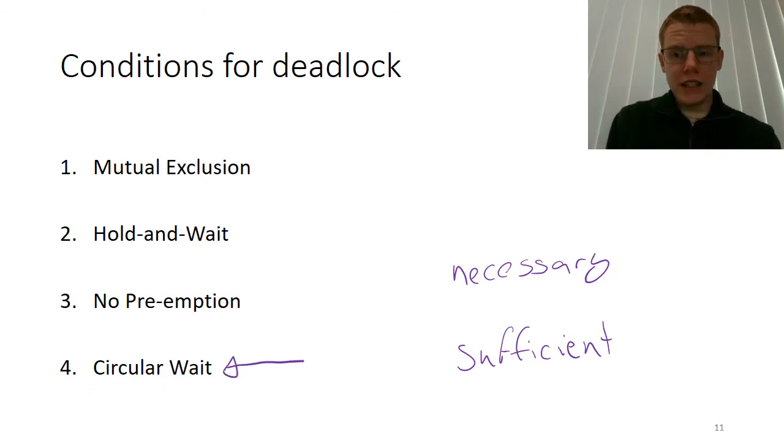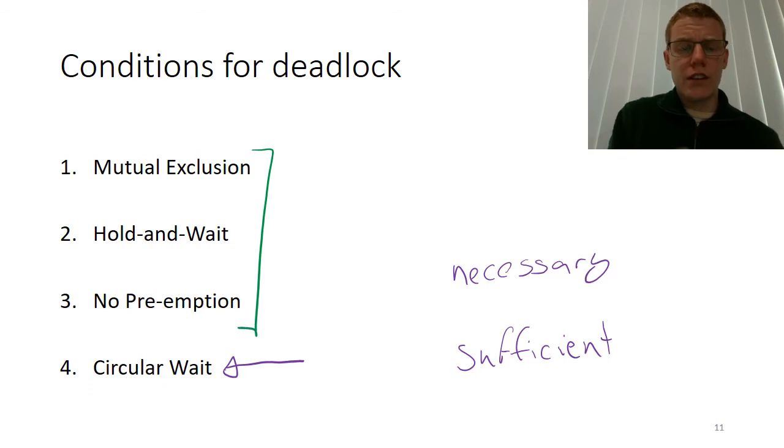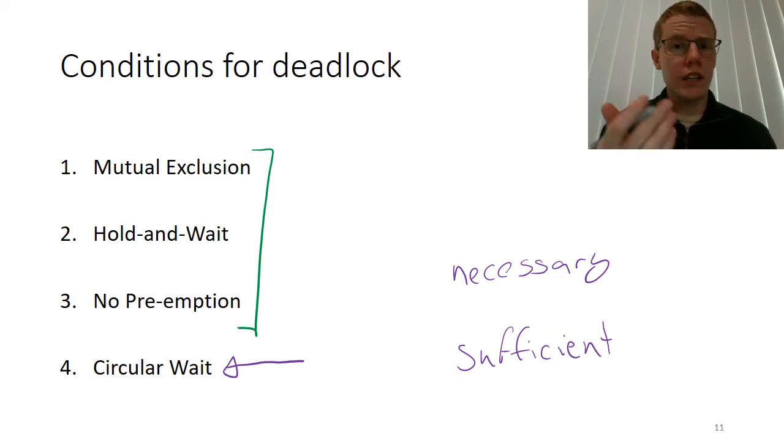Now, the thing is that these first conditions are actually quite desirable from certain points of view for an operating system. Mutual exclusion is a very important thing, and we introduced it for a good reason earlier in the course. If we don't have mutual exclusion, then we can end up with very unsafe processing situations.